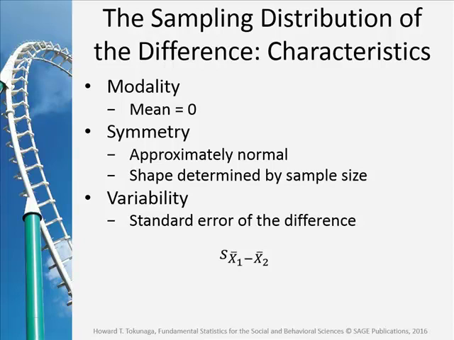The shape's determined by the sample size. That's student's t. And it also has a variability. And because we're dealing with samples, we use standard errors. So again, notation is just slightly different, but it's in the same vein. No new letters.